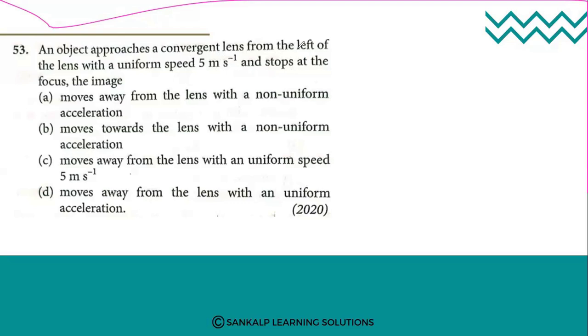Okay, from the left of the lens. We will be having convergent lenses and divergent lenses. This is the concave lens, this is the convex lens. So which one is the convergent lens, students?